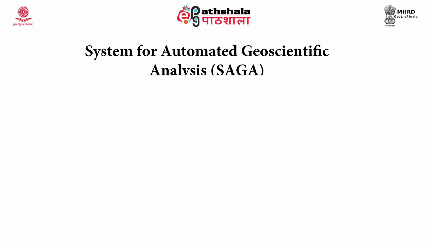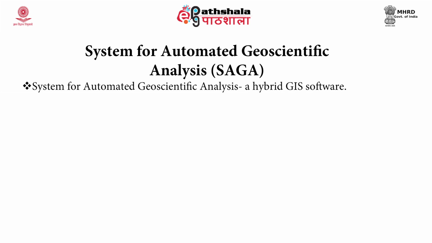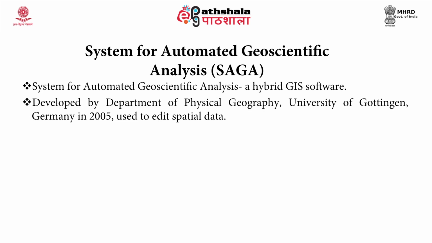Another software is System for Automated Geoscientific Analysis, popularly known as SAGA. It is a hybrid GIS software which was developed by Department of Physical Geography, University of Göttingen, Germany in 2005. It is used to edit the spatial data.